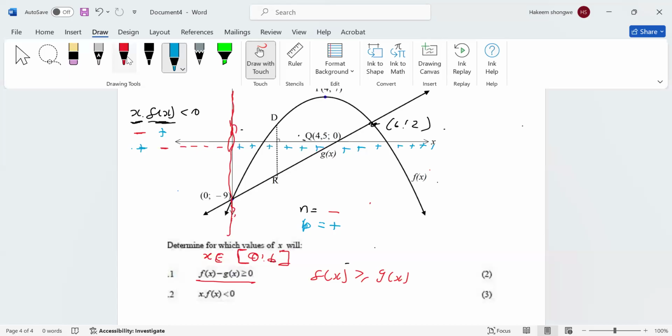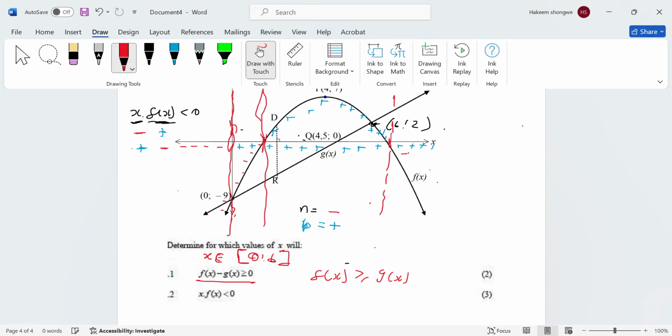Okay, let's go for the graph. We have negative, negative, negative, then the change to positive. Then positive, positive in the blue, and then negative.